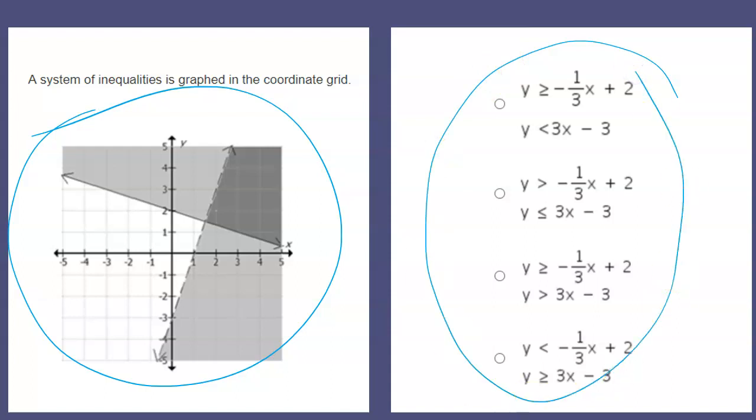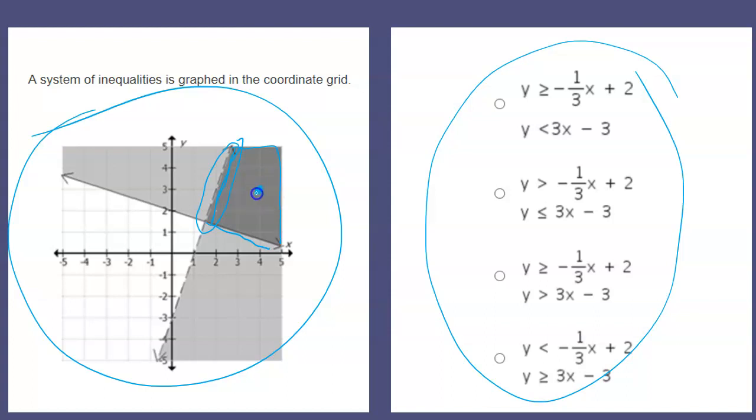The other thing you need to be able to do, which we didn't necessarily do today but talked about in our previous lesson, is look for solutions. If I said, what's a solution to this system of inequalities, you would know that it's anything in this area right here where there's overlap, except for on the dashed line. Solid line is included, dashed line is not.